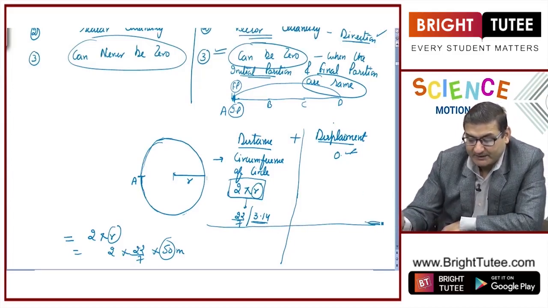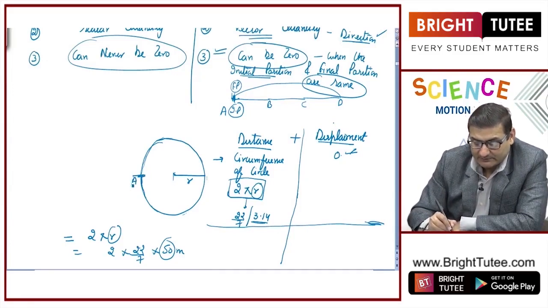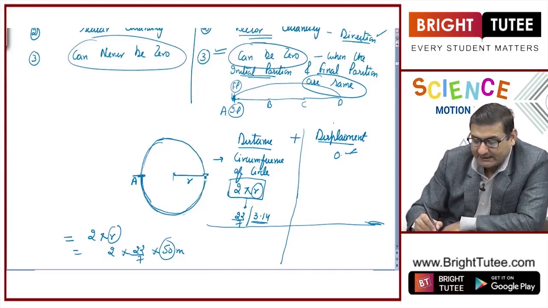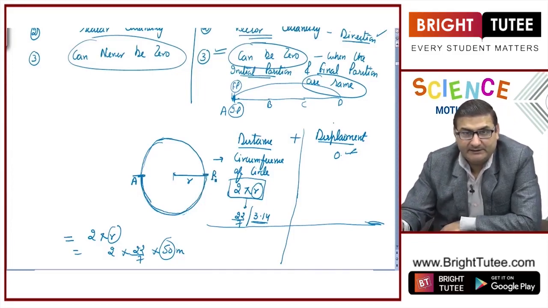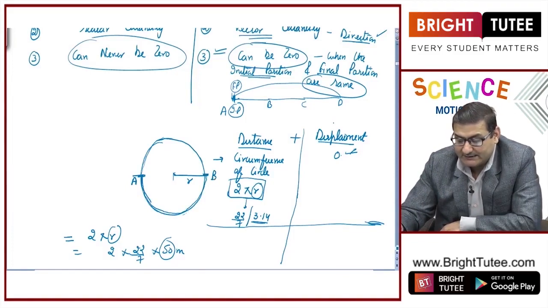Got it? Fine. The next question which may come with the same concept is, what if I have taken a half turn? If I have taken a half turn, it means I have started from this point A and I travelled half of the distance and I came to this point B. Now the things will change a bit. How?